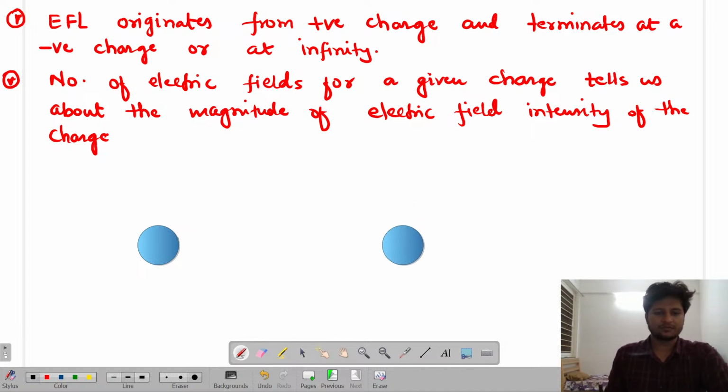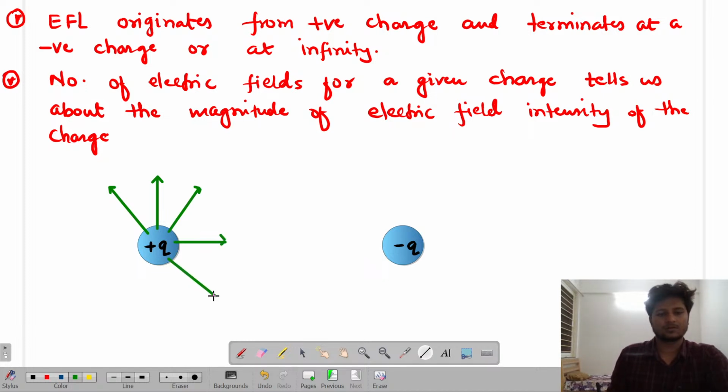Let's suppose this is positive plus Q and this is minus Q. For a positive charge, the electric field lines are radially outward. They are totally radially outwards. For a negative charge, they are radially inwards.